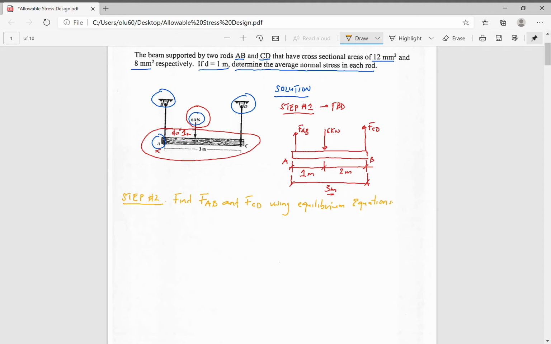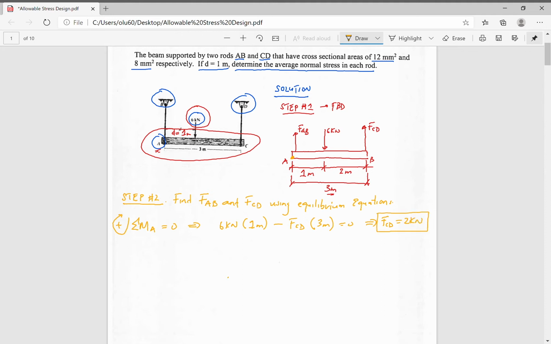Looking at that, we can take the moments about point A. I'm taking clockwise to be positive. I have 6 kilonewtons times 1 meter minus FCD times 3 meters equals 0. Therefore, my FCD happens to be 2 kilonewtons.